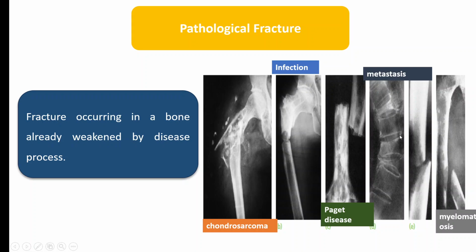In the fourth and fifth there is metastasis and there is a vertebral fracture, and there is also another fracture due to metastasis, and the sixth picture is the fracture due to myelomatosis. So whenever the fracture occurs in an already diseased bone, we call it a pathological fracture.